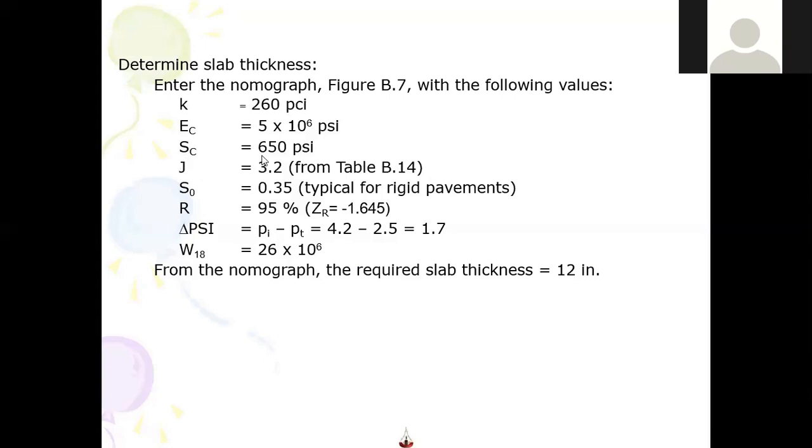Modulus of rupture 650 psi. Drainage coefficient 3.2. Standard deviation 0.35. Reliability 95%. Delta PSI is 1.7, 4.2-1. And if I assume the traffic is 26 million, you have to use the nomograph to calculate the thickness.